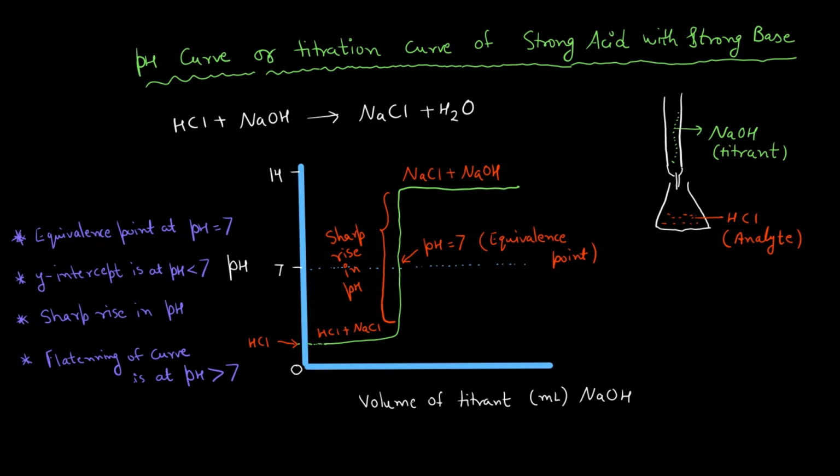Now if we change the position of our analyte and titrant, if we reverse the position, meaning we keep our HCl in the burette and we keep our sodium hydroxide in the conical flask, then sodium hydroxide becomes the analyte and HCl becomes the titrant. The shape of this curve will be a mirror image.